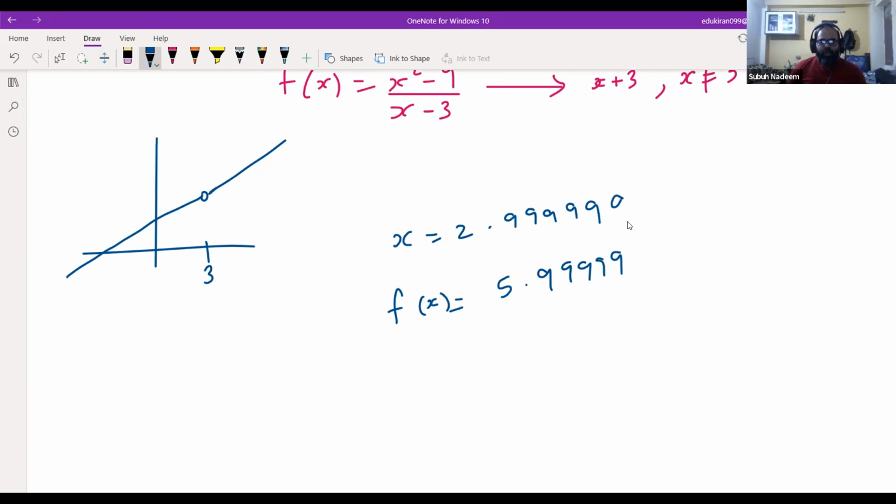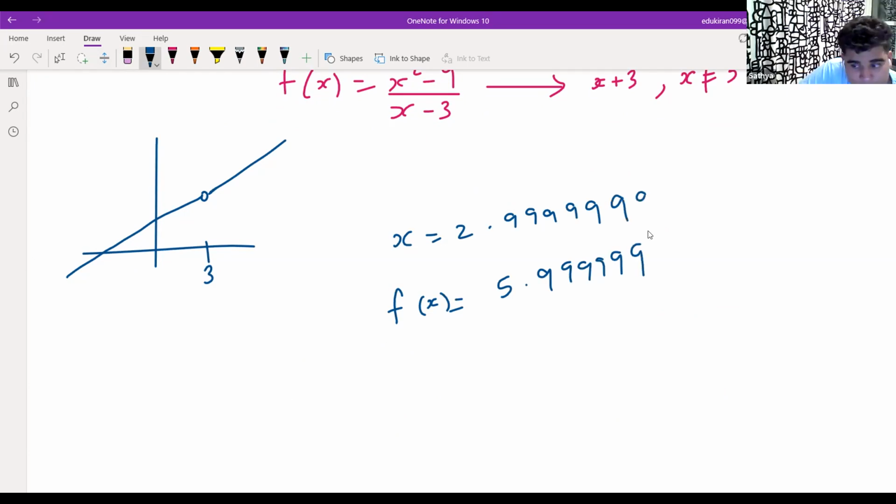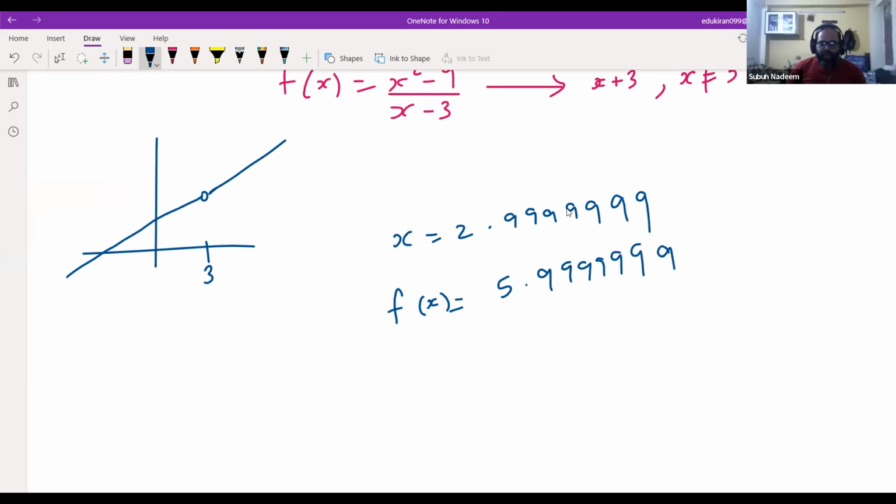If you put one more 9, and one more 9 again, making x close to 3 is a very minute task. You can't say exactly which value on the left of 3 you should take that is very close to 3.